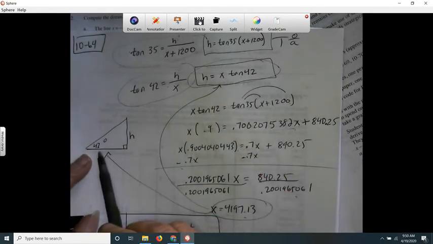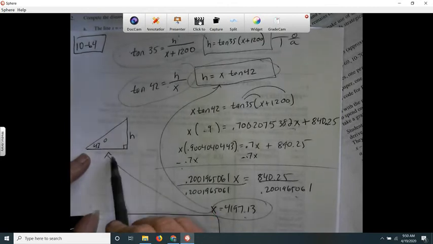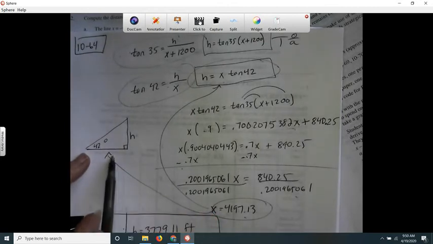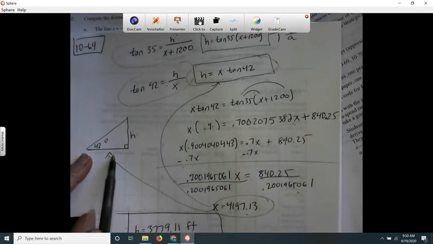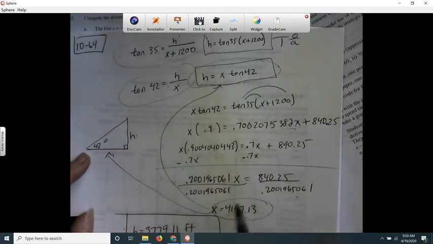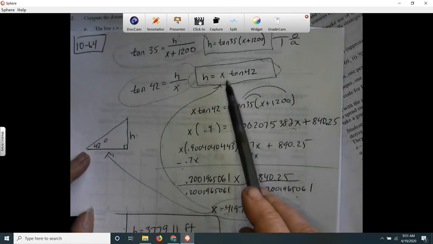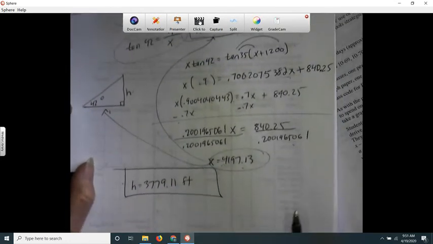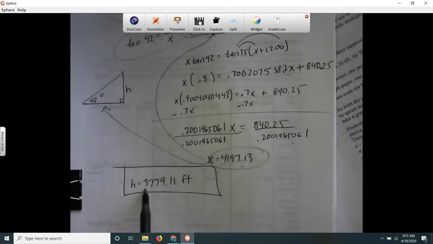So tangent of 42 is h over 4,197.13. So you can just plug it in right here. Let your calculator do the hard work. So plug that number times tangent of 42, and you will get 3,779.11 feet.